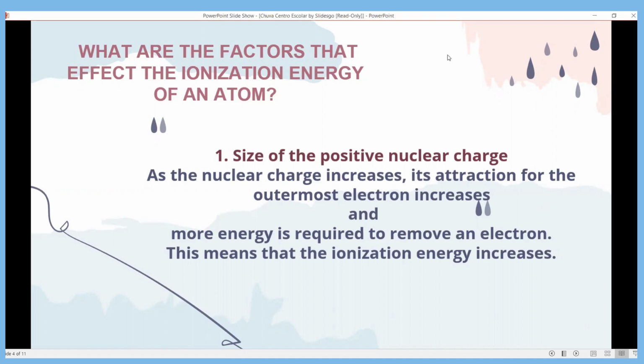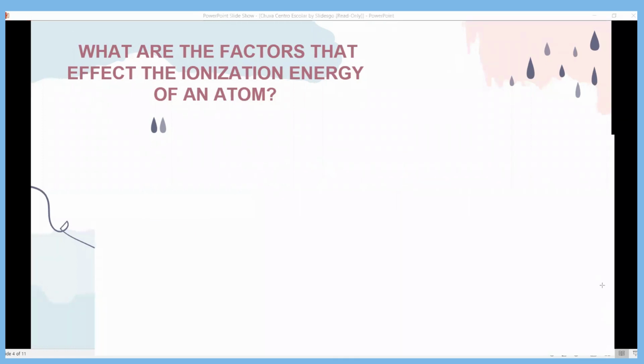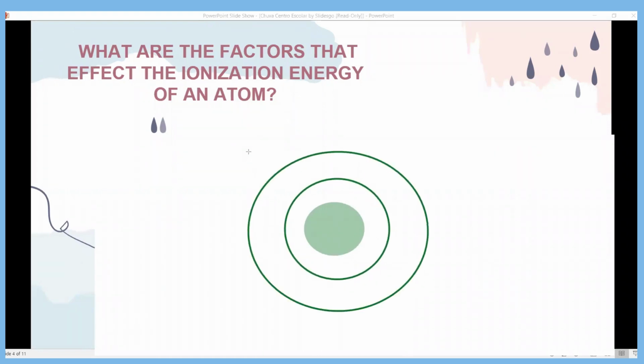The reason is, if you have the nucleus with protons and the electrons orbiting around the nucleus in the energy levels, here we have 3 electrons and 3 protons.